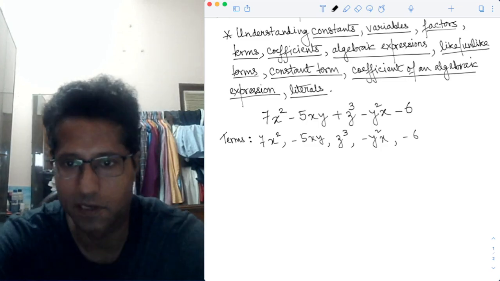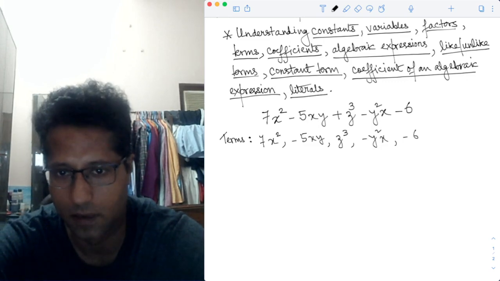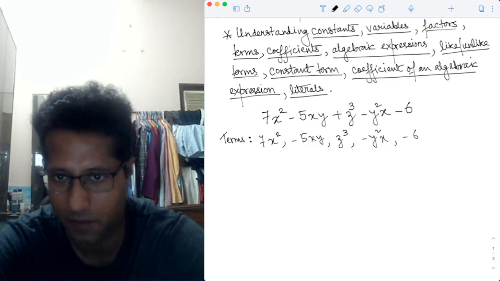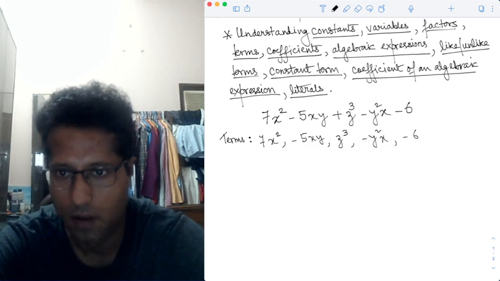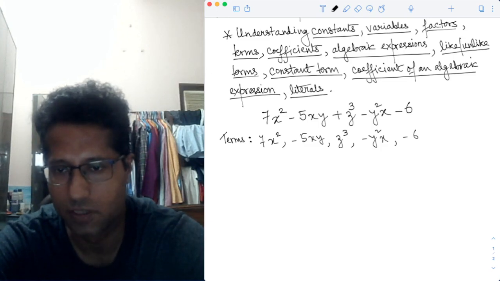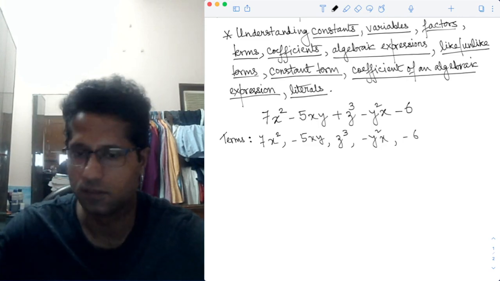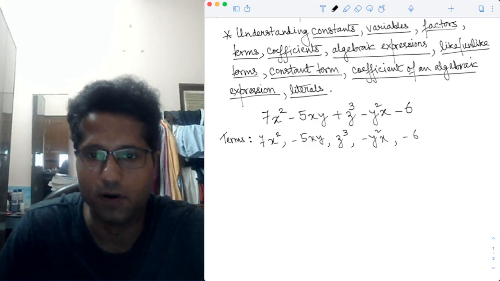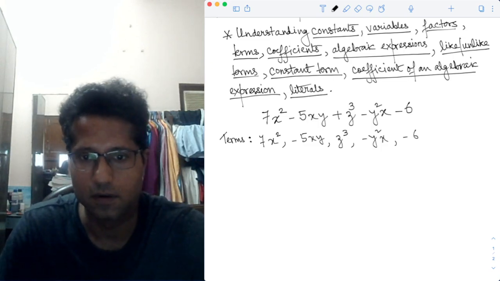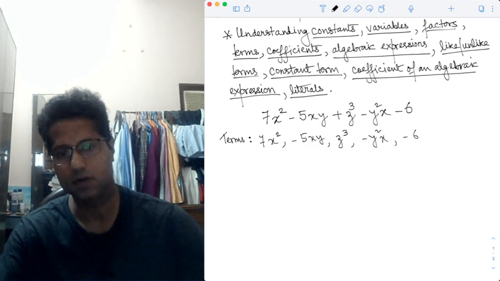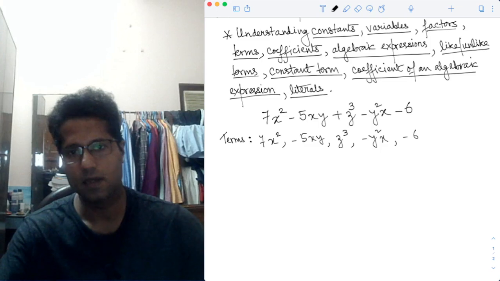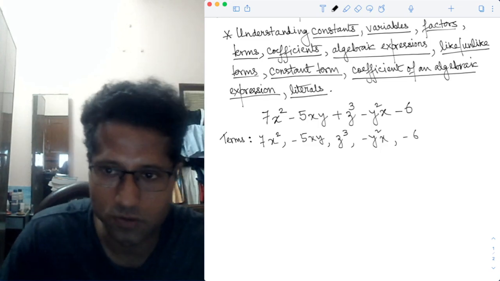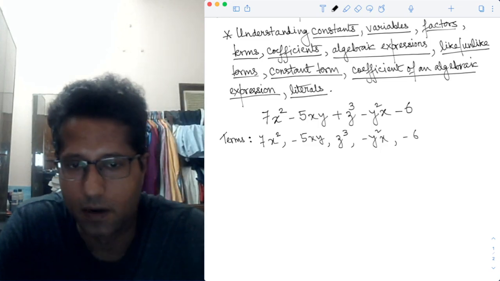Now in this expression you can clearly see there are addition and subtraction operations, but is there any multiplication and division operation? There is no division operation, but of course there is multiplication operation, because the term 7x square is a product of 7 and 2 x's, so the multiplication is there.